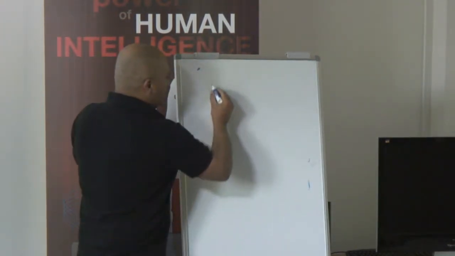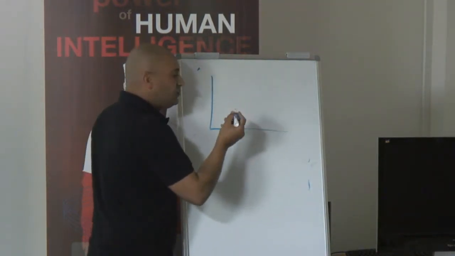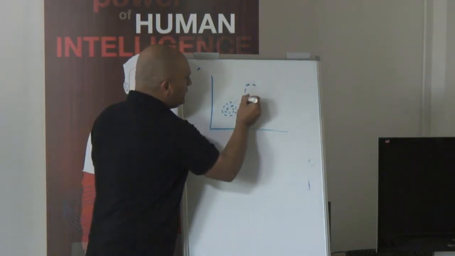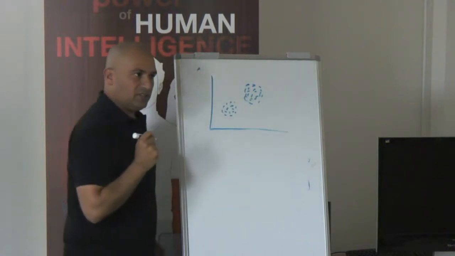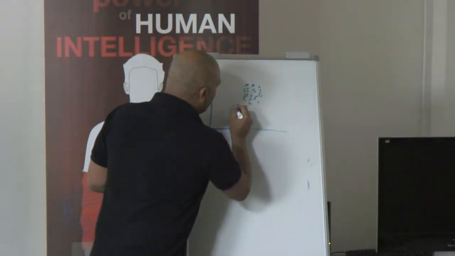Why do you need that? If this is your data set, and let's assume in 2 dimensions, and your points are this set and this set. You have done some experiment and get these sets of points. Pretty much you get them like this.